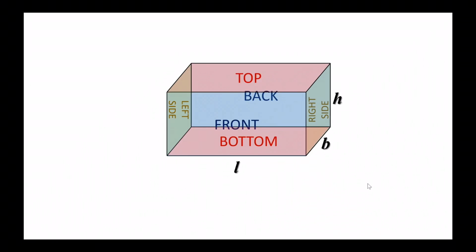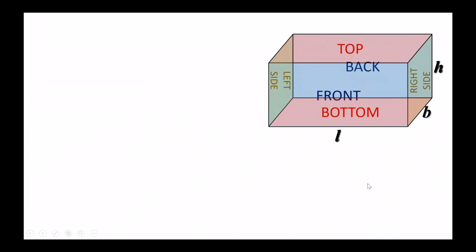All the 6 faces of a cuboid, you can generalize them as rectangles. And each of these 6 rectangles will have 2 of these 3 dimensions L, B and H. Out of these 3, each rectangle will be associated with 2 of them.